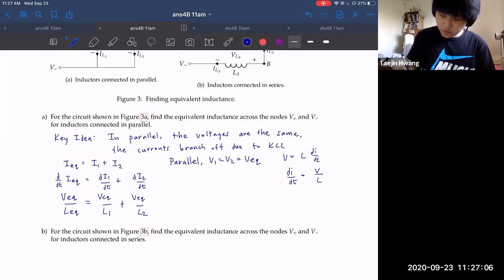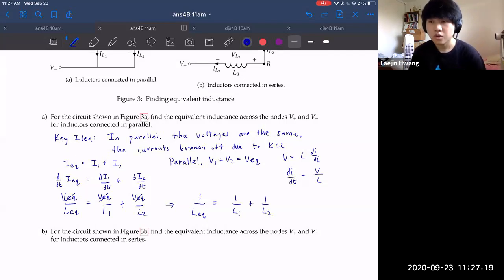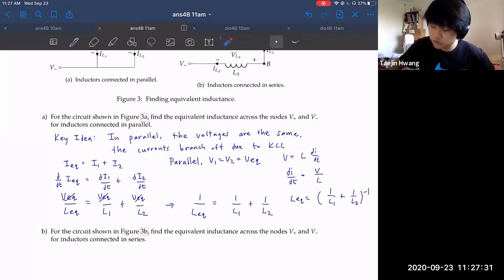So we can just substitute these in, and if we divide through by V equivalent, this tells us that 1 over the equivalent inductance is 1 over L1 plus 1 over L2. So it behaves very similar to resistors, where L equivalent is the reciprocal of the sum of reciprocals.